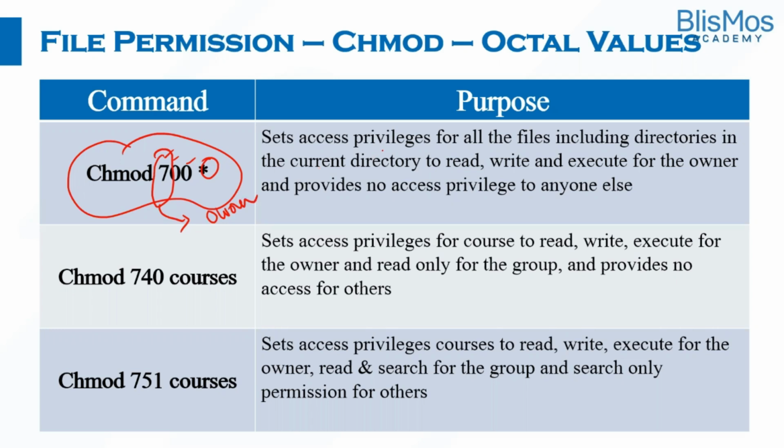This sets privileges for all the files and directories in the current directory, because we are saying star here, to read, write, and execute for only the owner, and no permissions for either the group or others, because 00 is there.